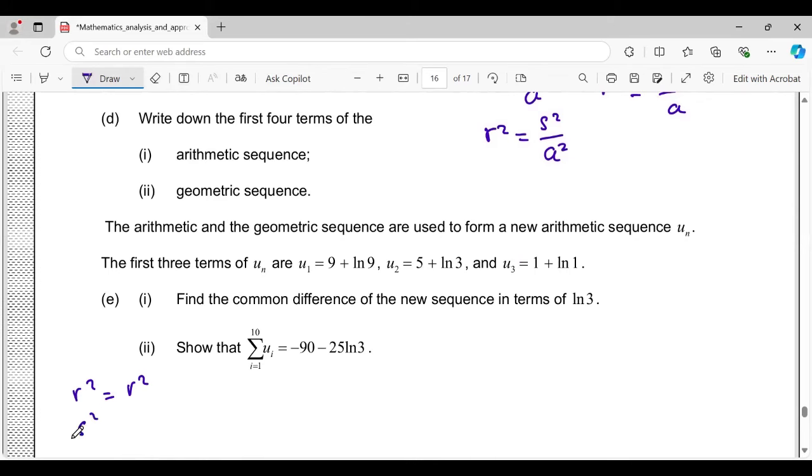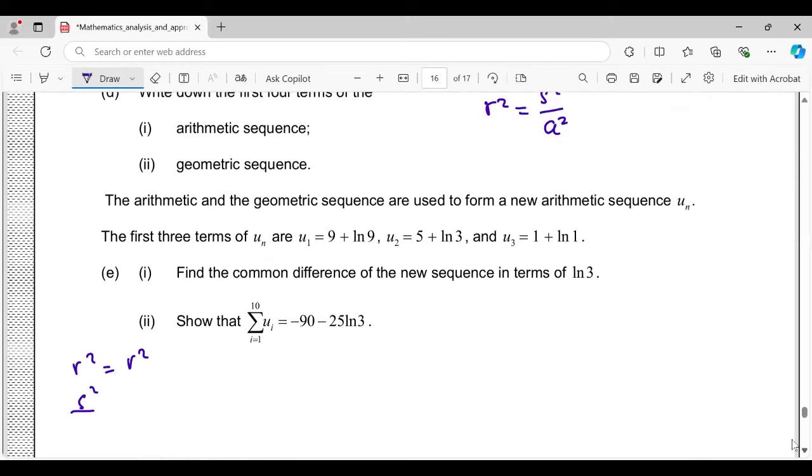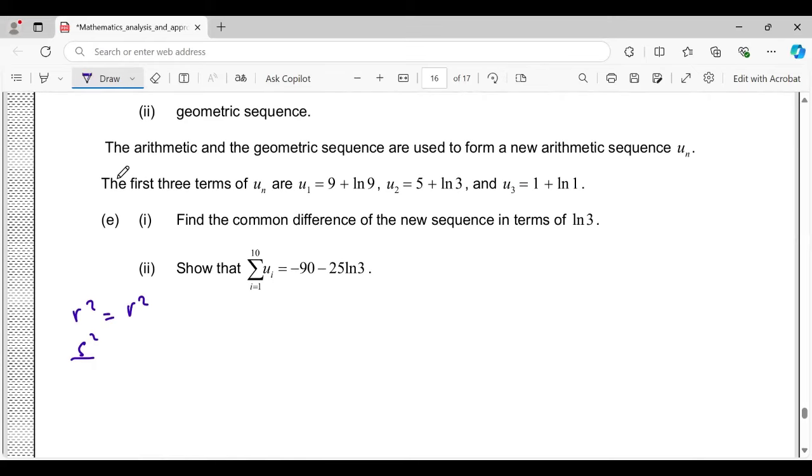So s squared over a squared equals t over a. So s squared equals t over a times a squared, or s squared equals t times a.